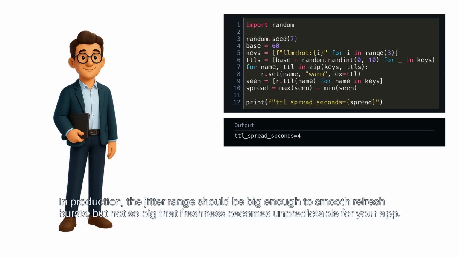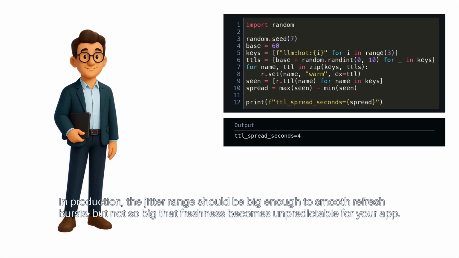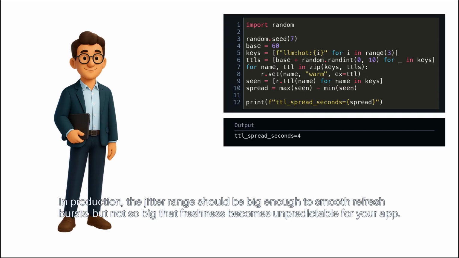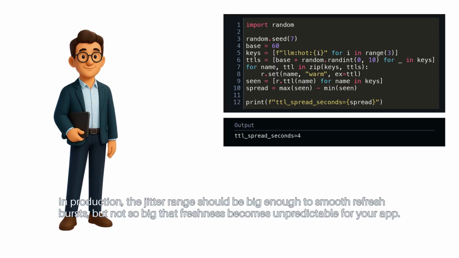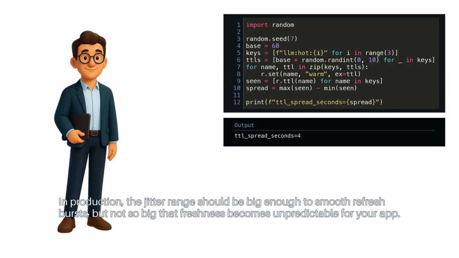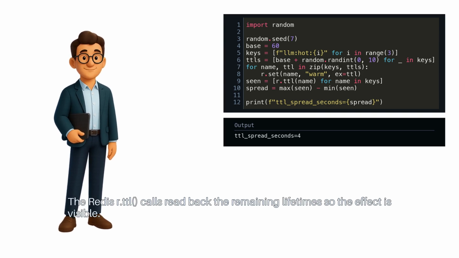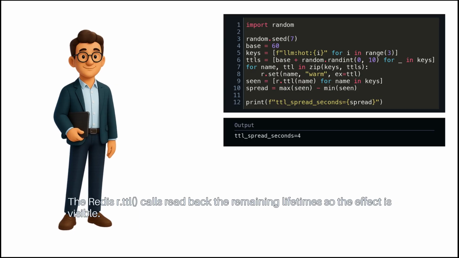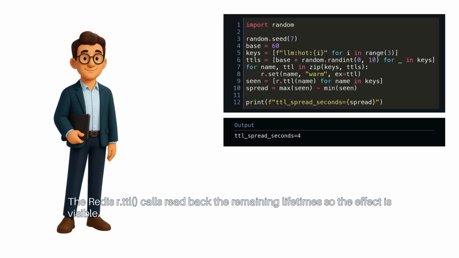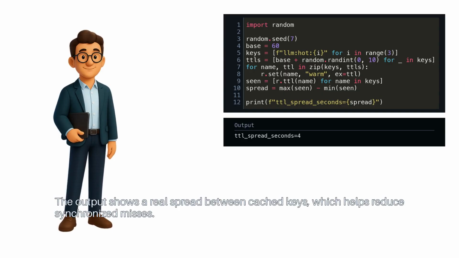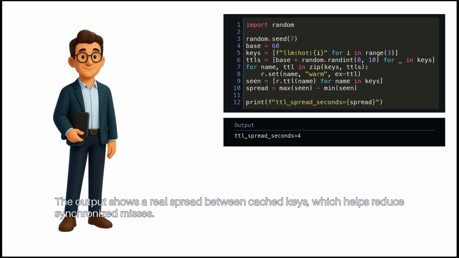In production, the jitter range should be big enough to smooth refresh bursts, but not so big that freshness becomes unpredictable for your app. The Redis TTL calls read back the remaining lifetimes, so the effect is visible. The output shows a real spread between cached keys, which helps reduce synchronized misses.